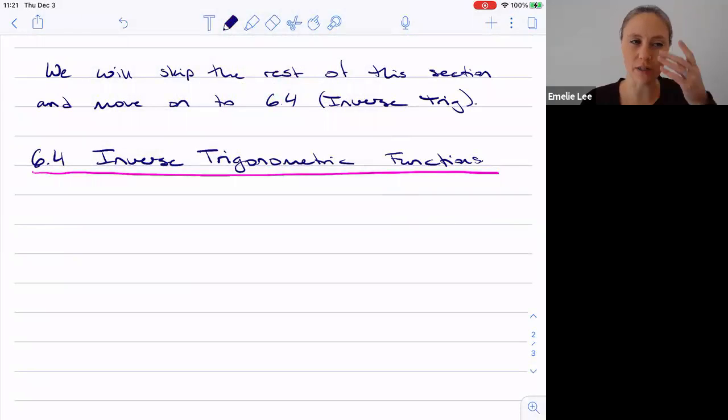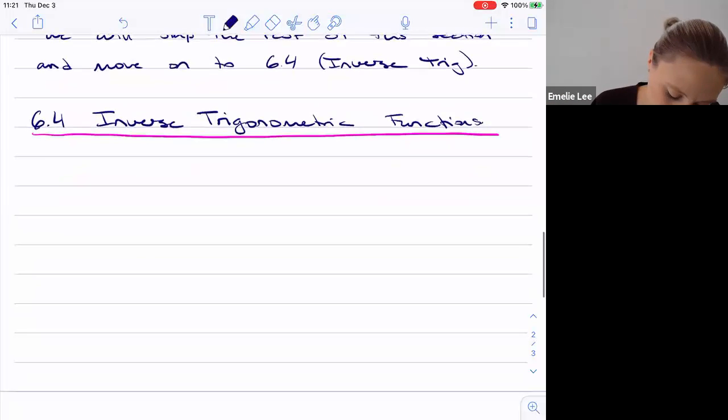Inverse trig functions. We've already talked about inverse functions, right? We saw way back that for a graph to be a function, it has to pass the vertical line test. And if a function has an inverse, it has to pass the horizontal line test, right? Especially for sine curves, it's easiest to check them graphically.